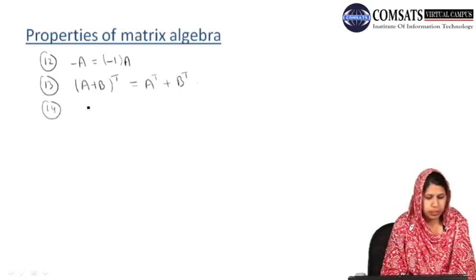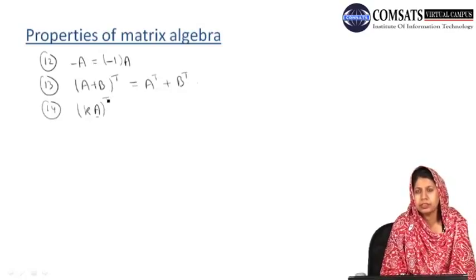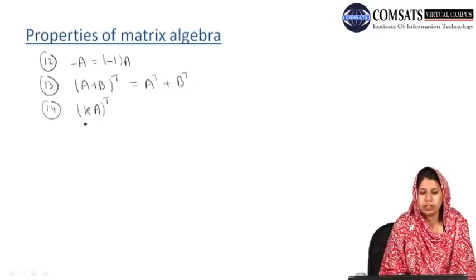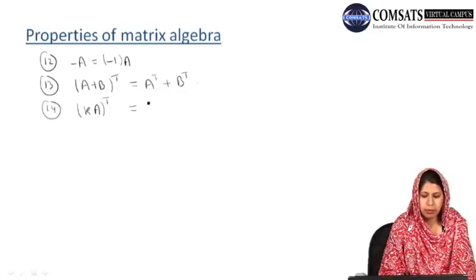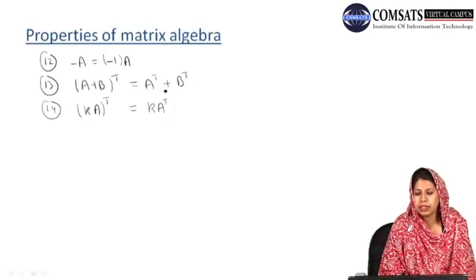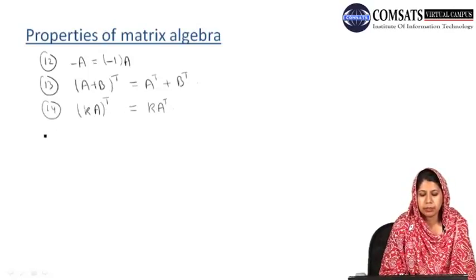We have the 14th property as the transpose with the scalar multiple, that is, we have a matrix A with a scalar multiple k and we are taking the transpose. This is the same as k into the transpose. That is, either we take the transpose first and then take the scalar multiple, or take the scalar multiple first and then the transpose. They are the same.